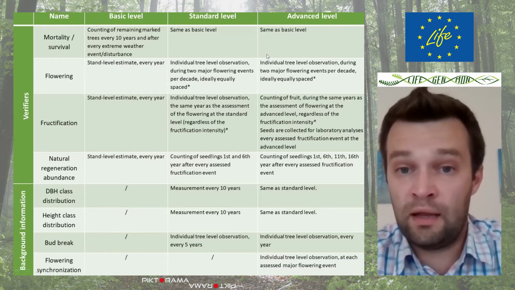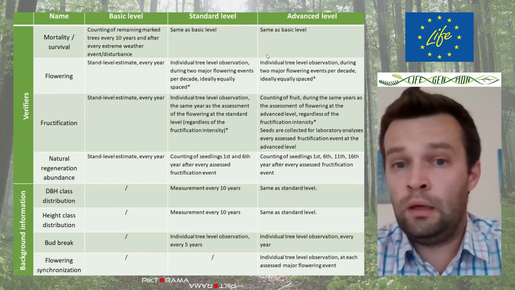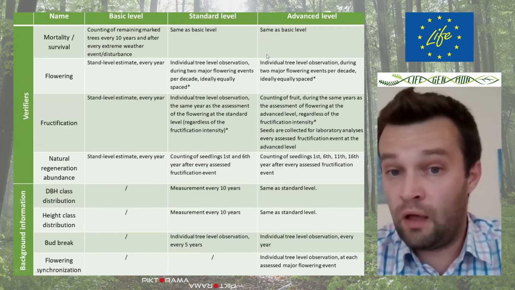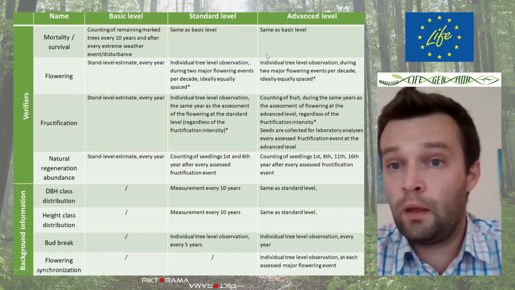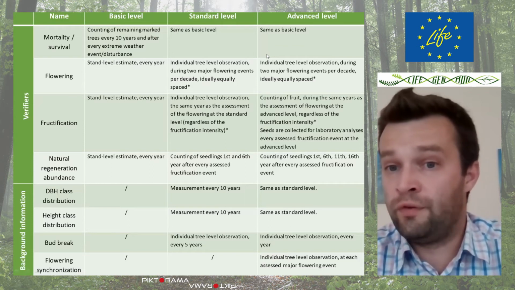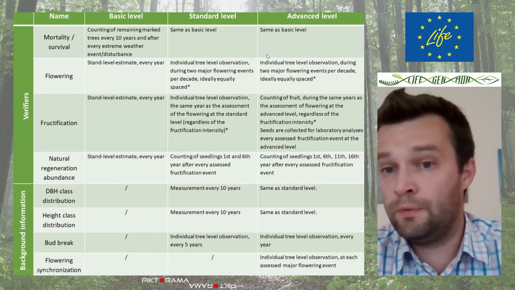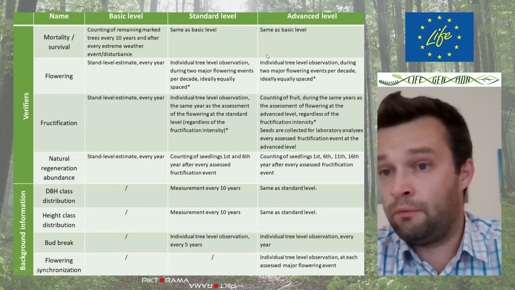At the standard level, it should be recorded at the individual tree level, in the same year as flowering is assessed. And at the advanced forest genetic monitoring level, fructification should be recorded by counting fruits during the same year of flowering, of course, in a specific time frame.